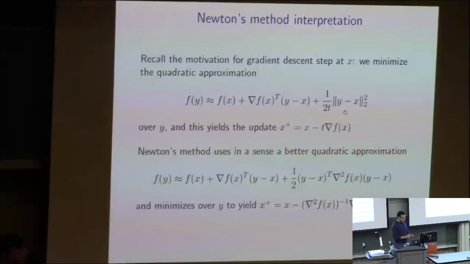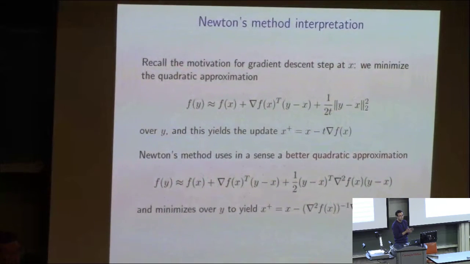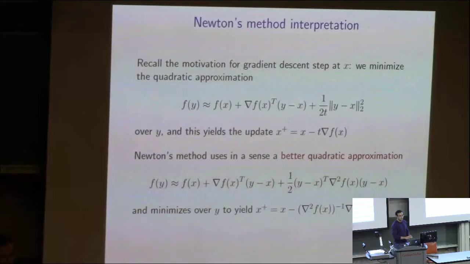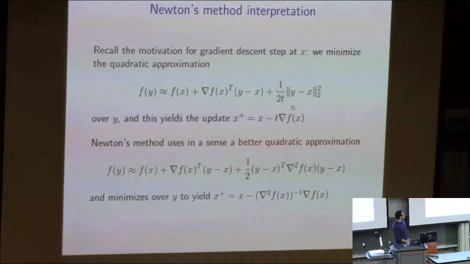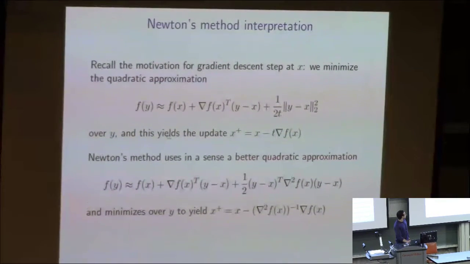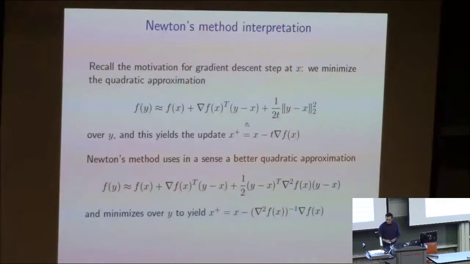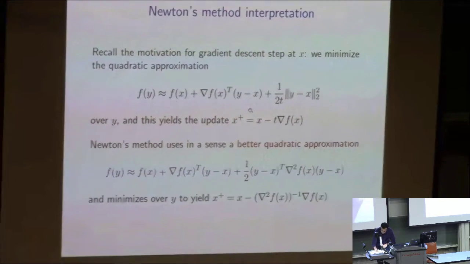So this quadratic is actually very simple. It has spherical curvature, it's kind of spherically shaped, and this t determines how curved it is. If we were to minimize this quadratic approximation over y, it gives us a new point, which we'll call x plus, and that's where we move to next.